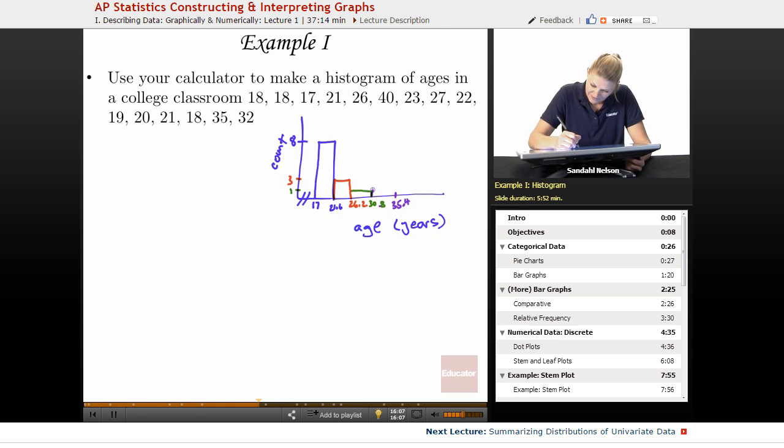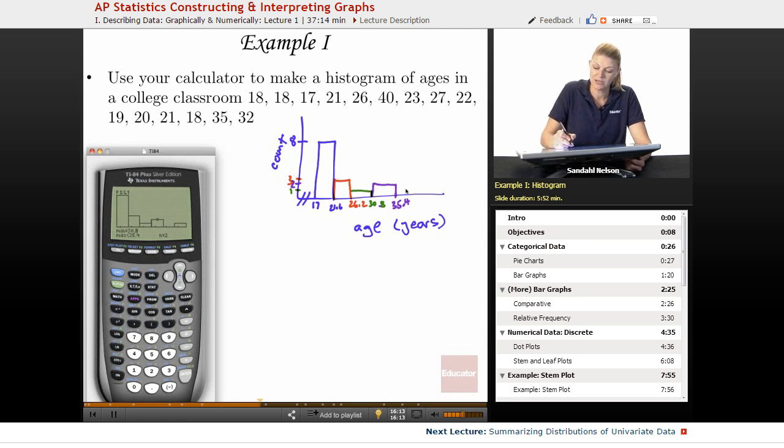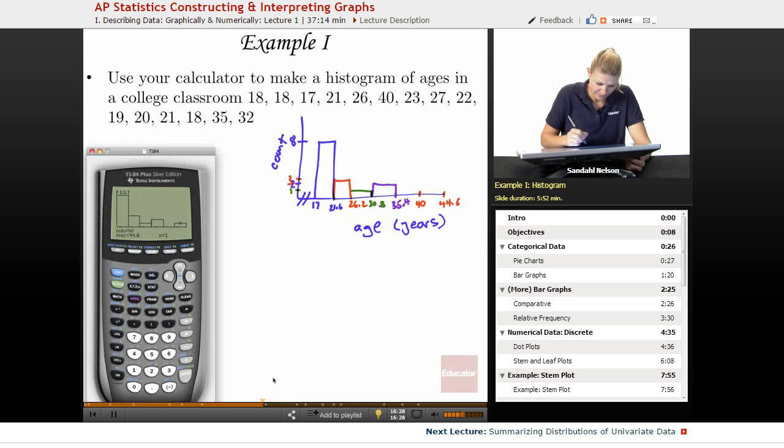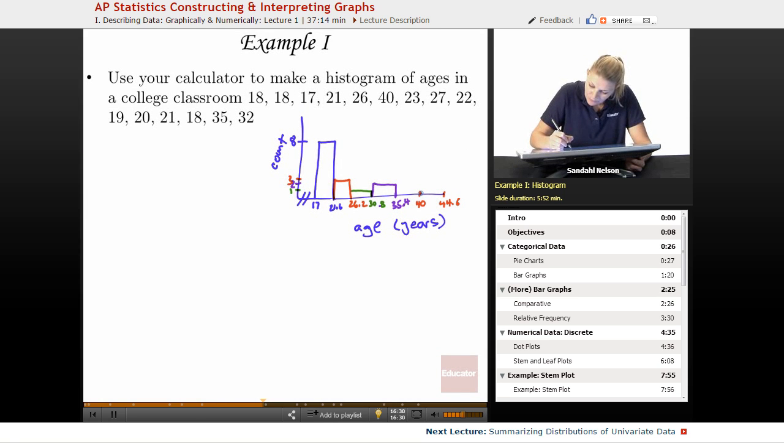And that's going to be kind of in between. Okay, then we don't have anything, so we need to leave a space. And then our very last one, 40 to 44.6. And that was 1. So we'll want to make sure that's about the same height as our green one. And there we go. We have a beautiful histogram.